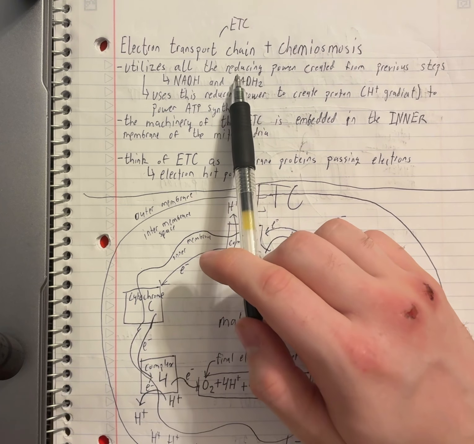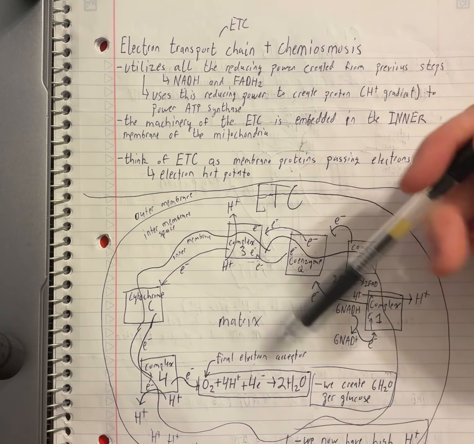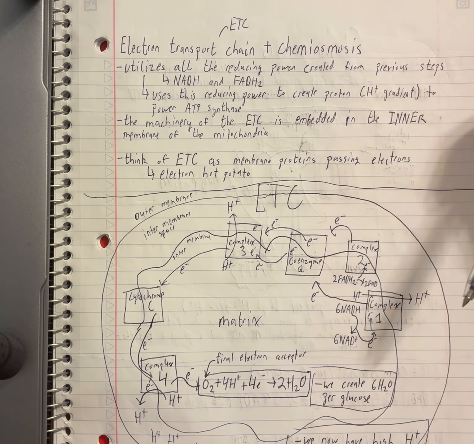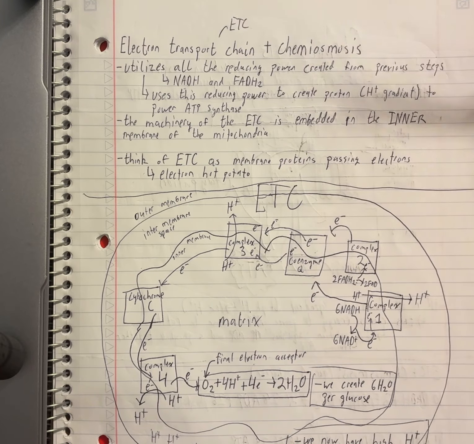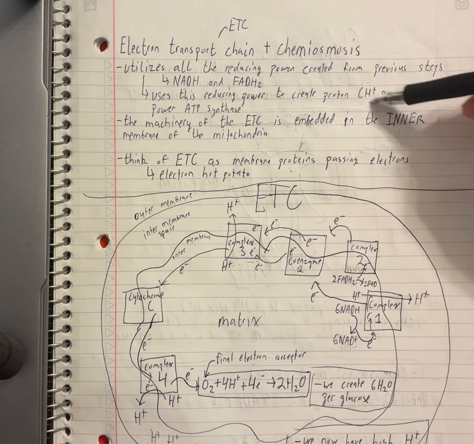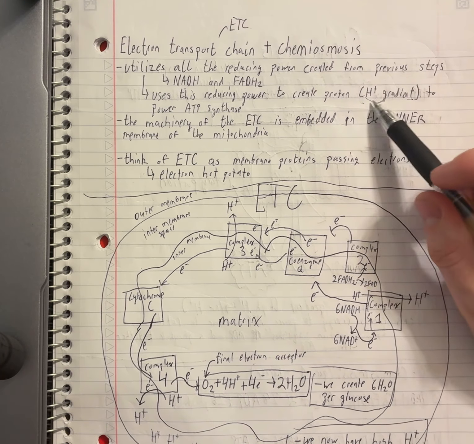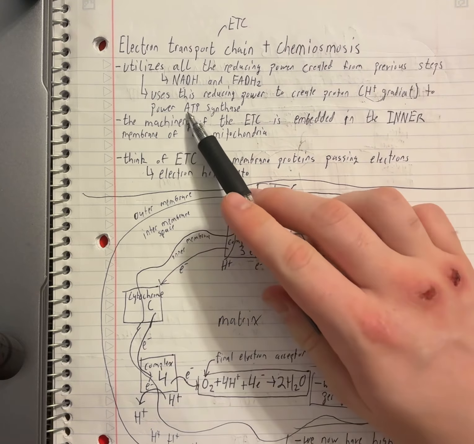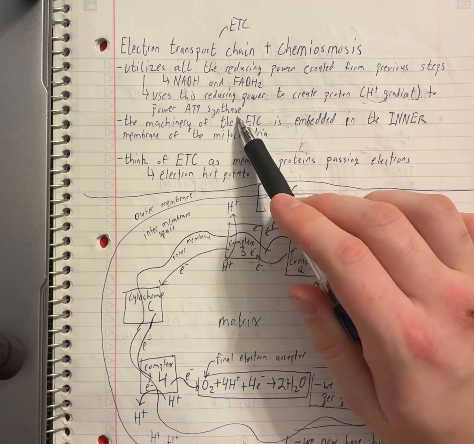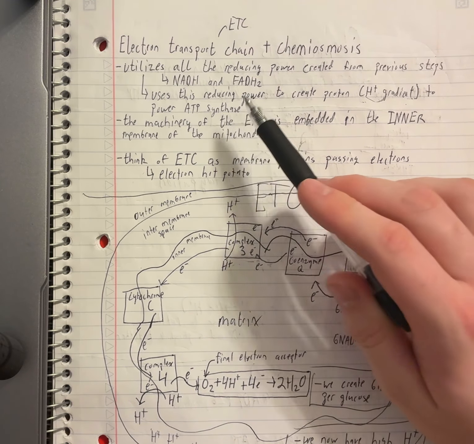It's going to use that reducing power to power the machinery of the electron transport chain, and it's going to use that power to create a proton gradient, or H+. H+ is just a proton. So we are going to create an H+ gradient, and that gradient is going to power ATP synthase, which is the enzyme that is going to make ATP.